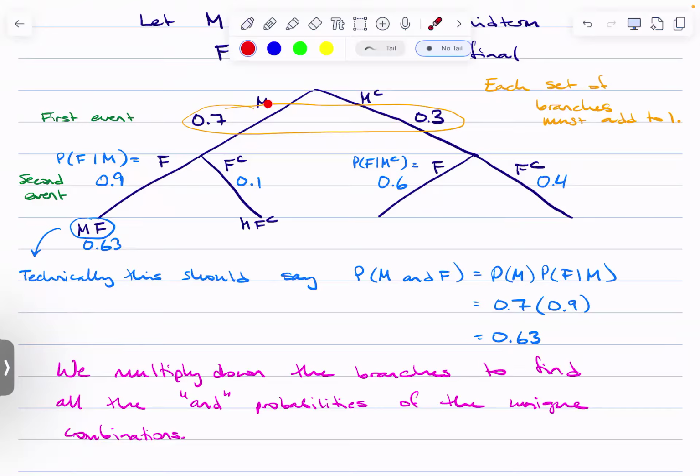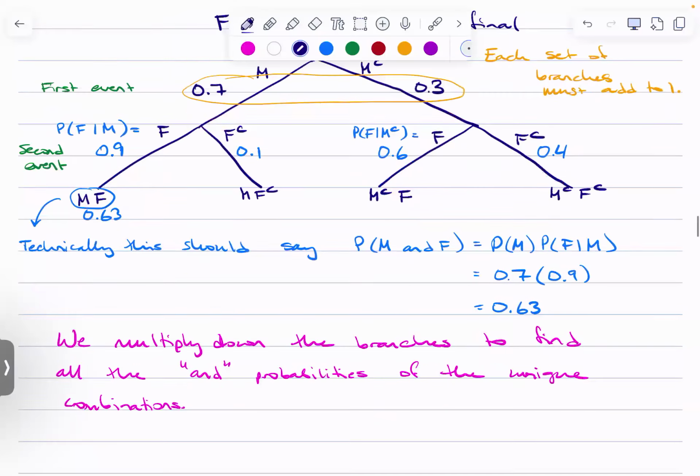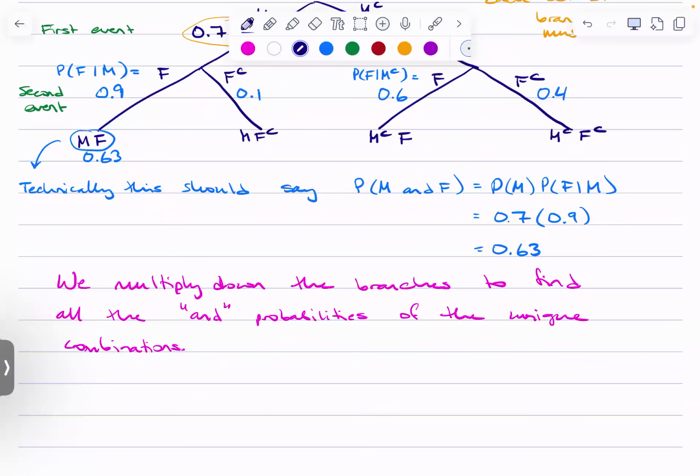And so I just read it M and the complement of F, not M and F, and not M and not F.